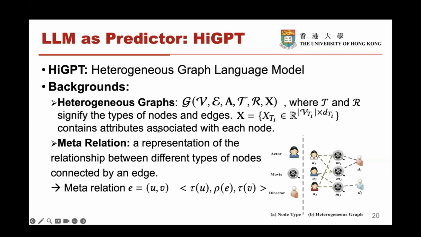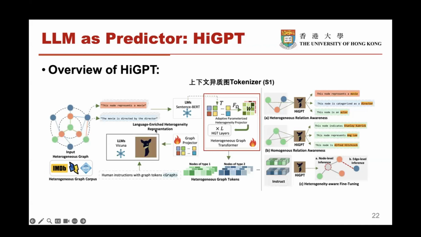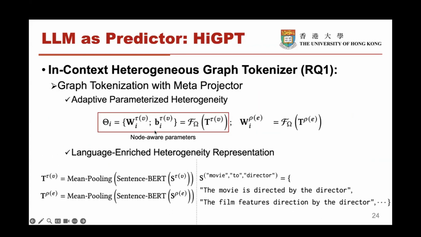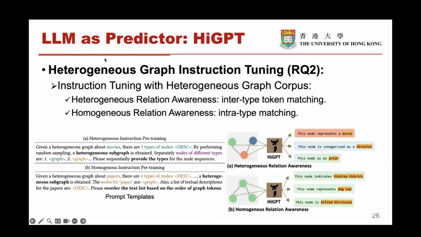Firstly, we could use a very simple prefix task to let them understand the graph representation without any labeled data, such as the self-supervised instruction tuning of GraphGPT, or the instruction tuning with a heterogeneous graph corpus.